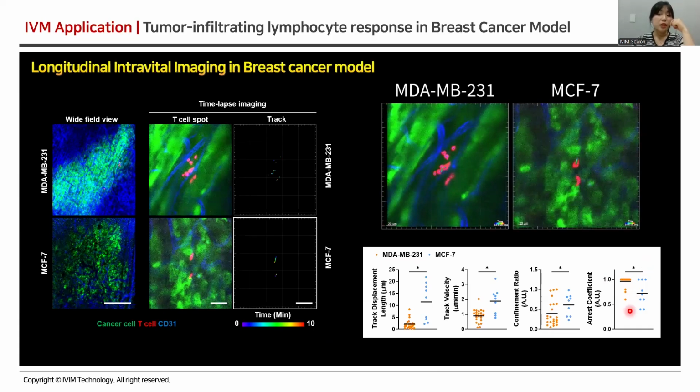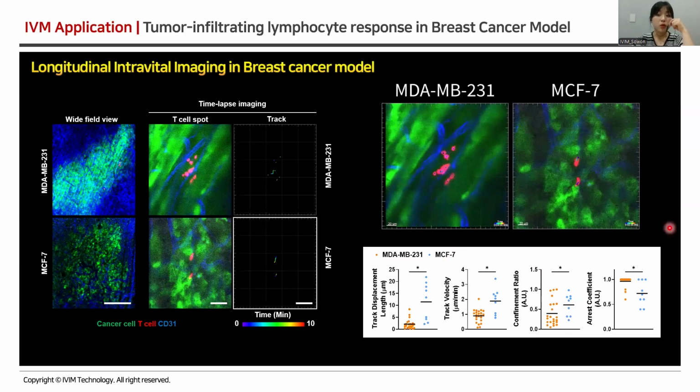The slide you see here shows a direct comparison of TIL responses between the MDA-MB231 and MCF7 models. As previously reported, these 2 cell lines differ in estrogen receptor expression.